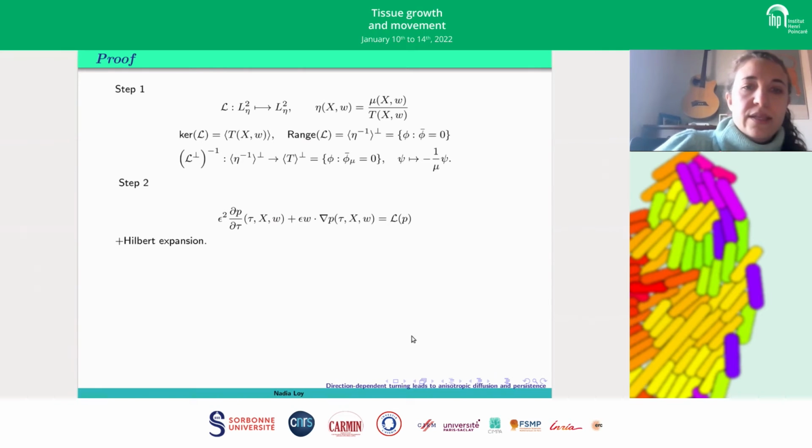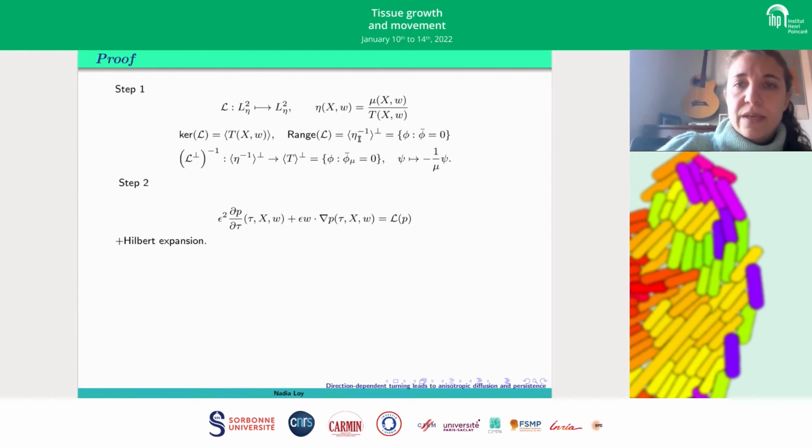So in order to prove this theorem, we consider our kinetic equation and expansion, and the main work was in inverting the operator L. So L is defined over L2 space, on which we define a special scalar product with the factor eta that's given by mu over T. So we have already seen that the kernel of this operator L is spanned by T, while the range of L is the orthogonal space to the span of eta to the -1.